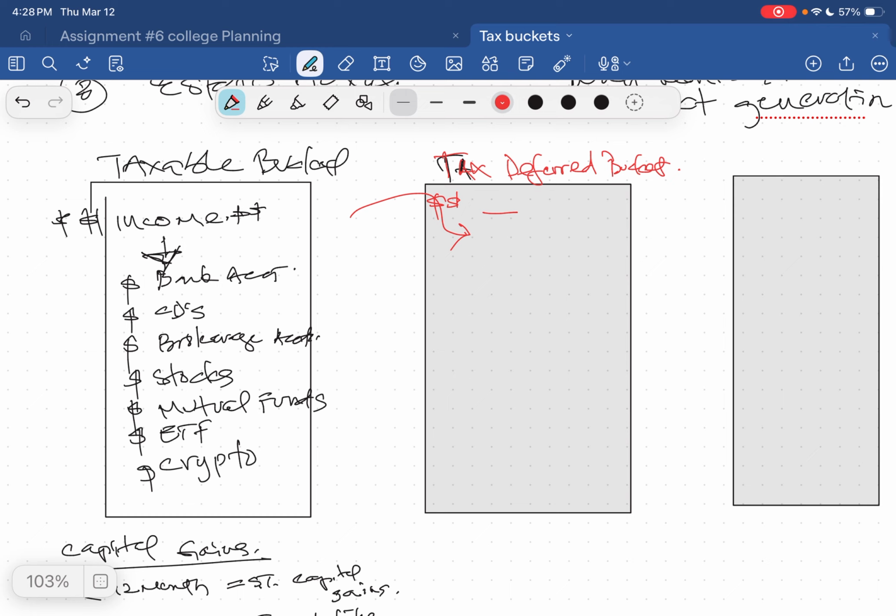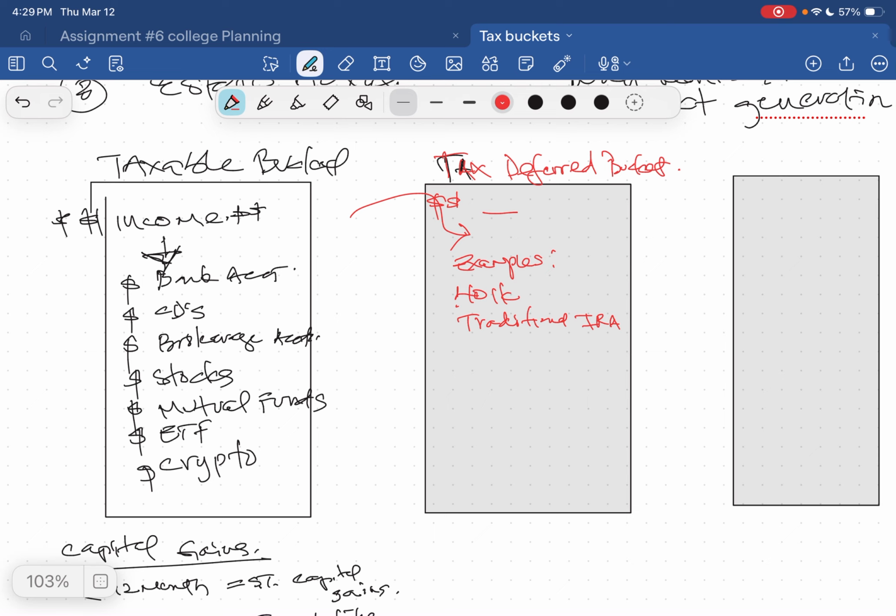Examples are 401k. They take the 401k out and then recalculate your tax based on the remaining balance after the 401k is taken out. There's also the traditional IRA.